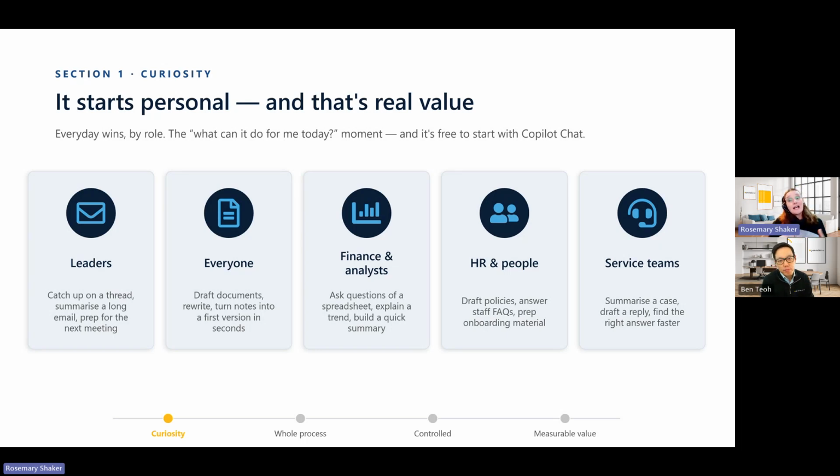We've seen our analysts and our data specialists really being able to dive deep into the data that they have control over. HR have been really strong adopters of this, whether it's helping them draft policies, creating agents that allow people to access company policies, or prepping onboarding material.